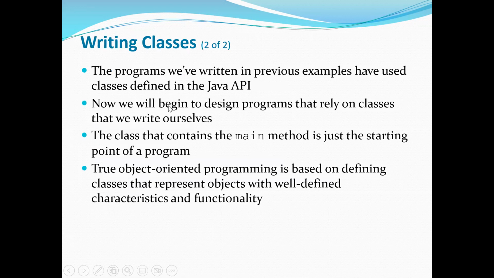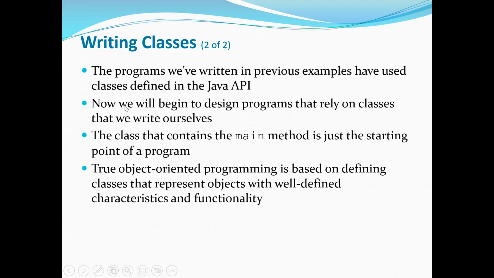So our main objective, again, is the anatomy of a class. In this lecture, we're going to cover everything about classes. The programs that we have written in the previous examples use classes defined in the Java API. These are predefined classes that are given to us by Java.